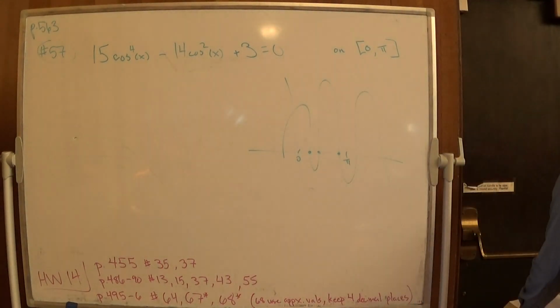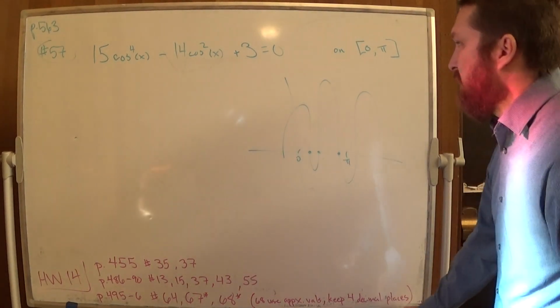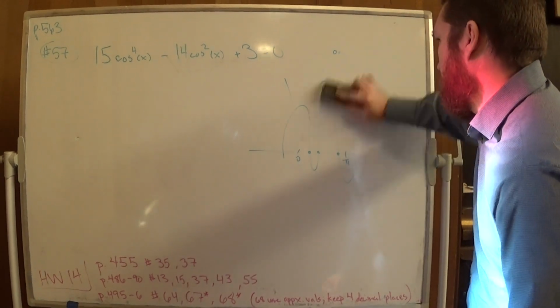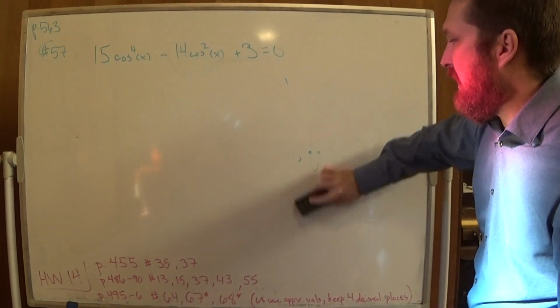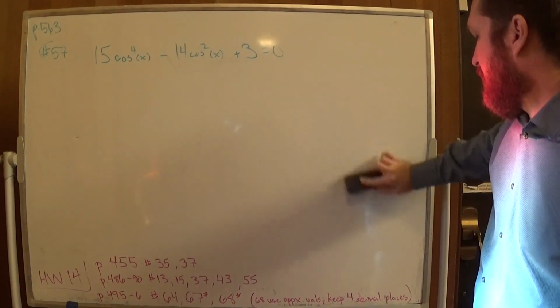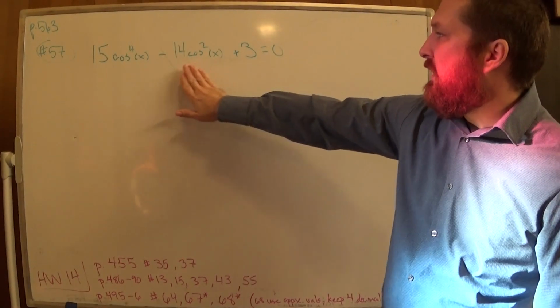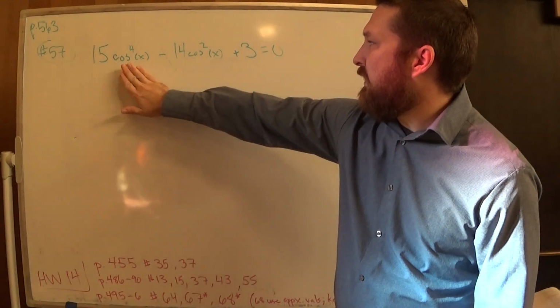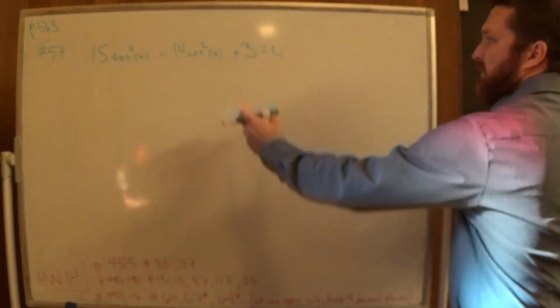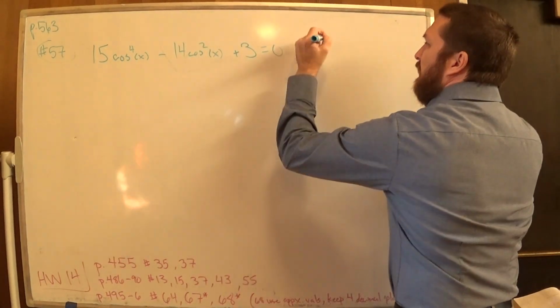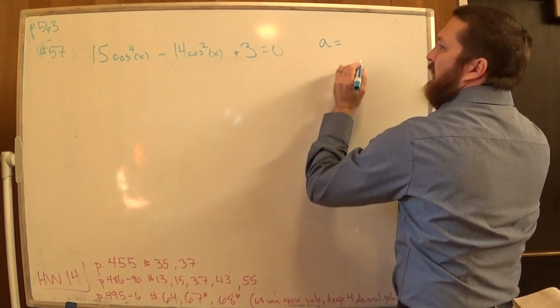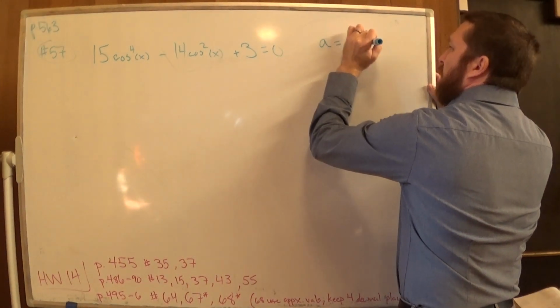So, okay. First thing I'm going to do is make a substitution, because I notice this has quadratic form, right? This is an equation that has a term here, and then if you square that term, it shows up right here. So I'm going to take this term and let a equal cosine squared x.